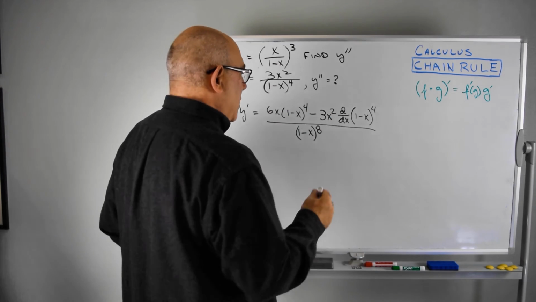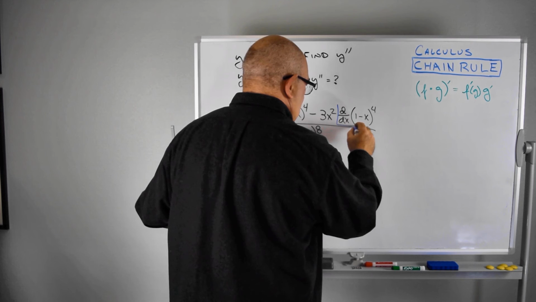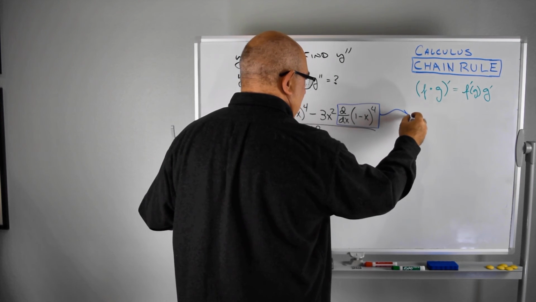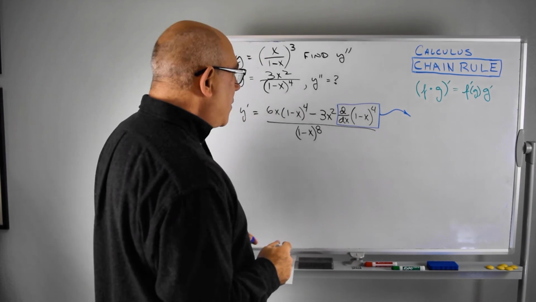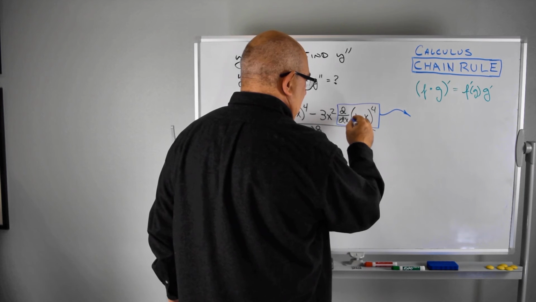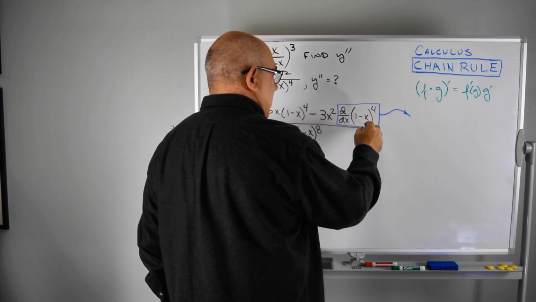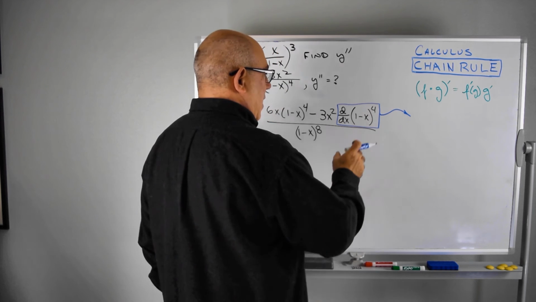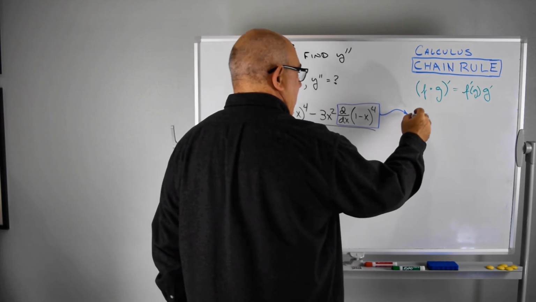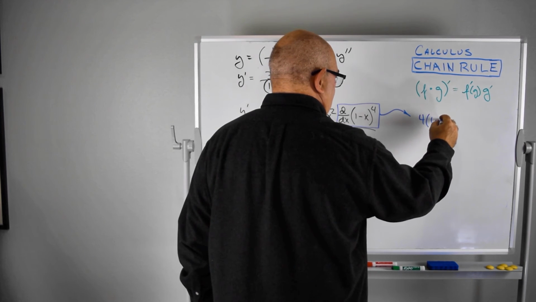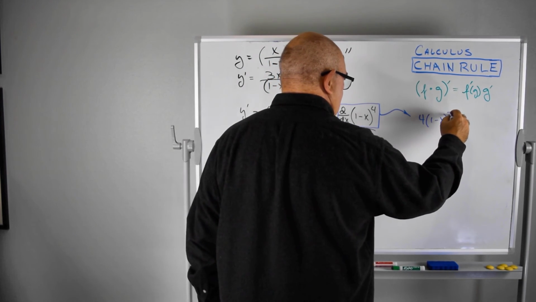So we don't have to write this all over all the time, we're just going to take this little piece right here and do the chain rule on it. If we use the chain rule, we take the derivative of this whole thing and then take the derivative of the inside. So the derivative of this is going to be 4 times 1 minus x cubed.